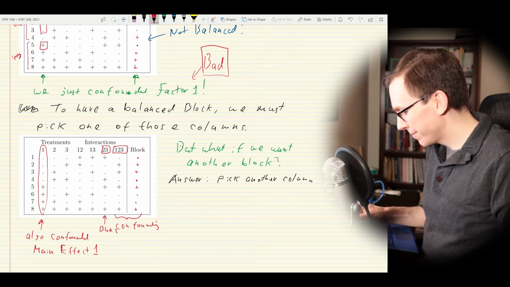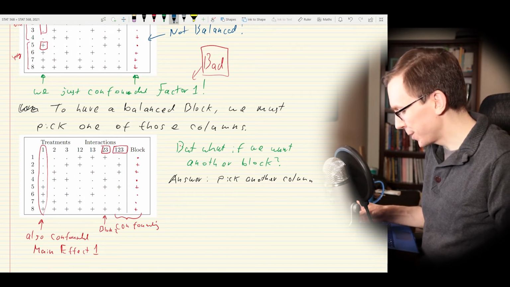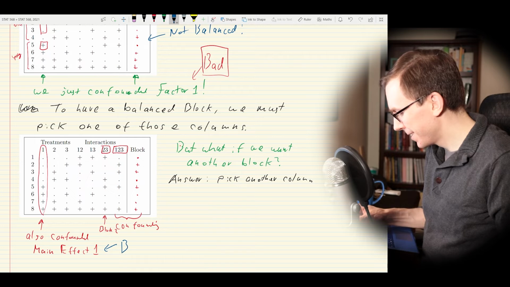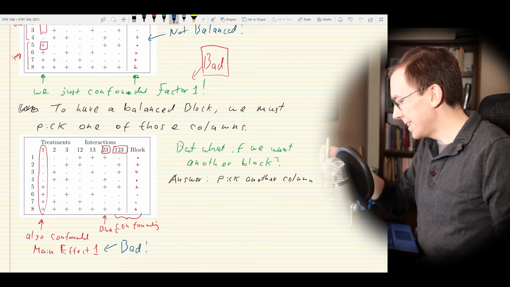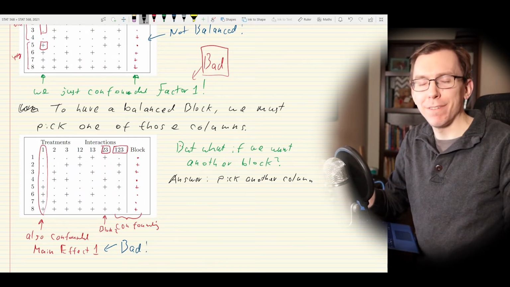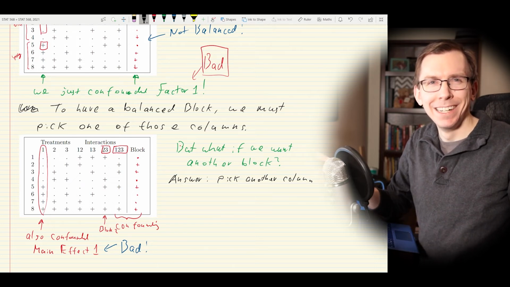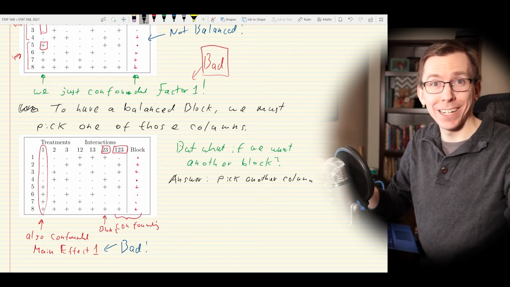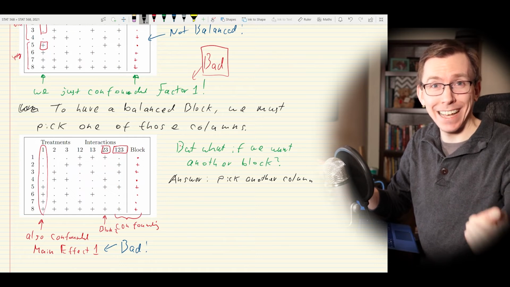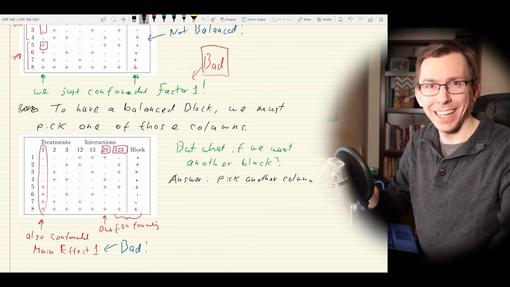And that's bad. I'm already in red, so we'll use blue to say bad. Ideally, we would never want to confound a main effect, because if we're confounding a main effect, we shouldn't even include it in the first place. It's like, I'm going to test this drug, and then I'm going to destroy my ability to test this drug. It doesn't make any sense.